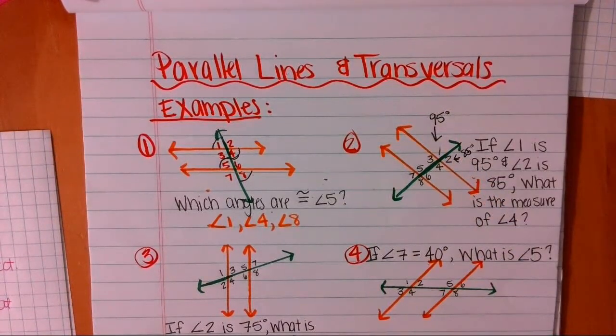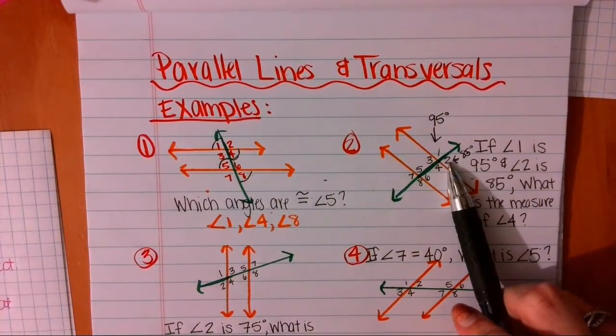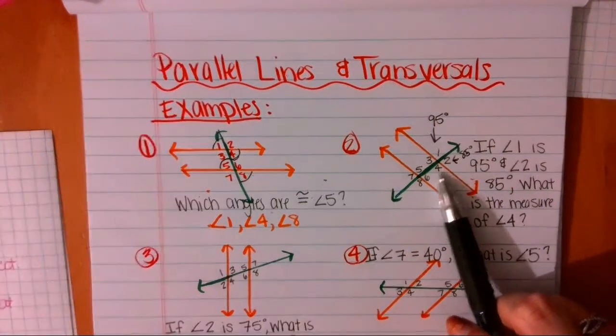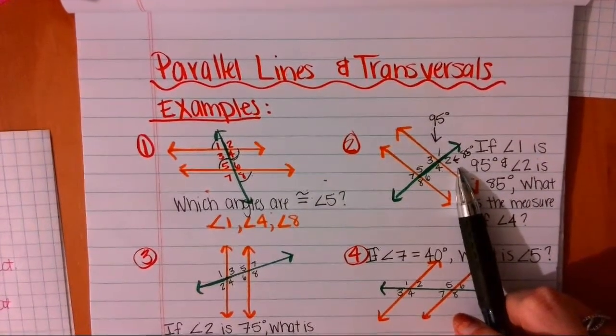So you can use those relationships and decide what angle 4 has to be. Or you can look at the straight lines, and use supplementary angles, because 2 and 4 have to add to 180 because they make a straight line. So we could subtract and get our answer that way.